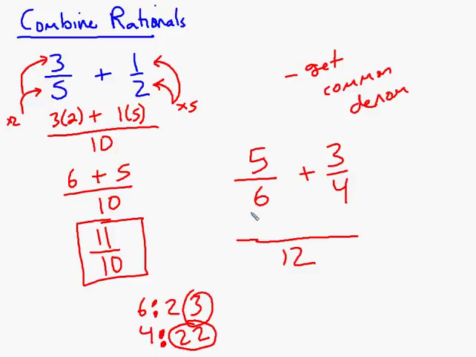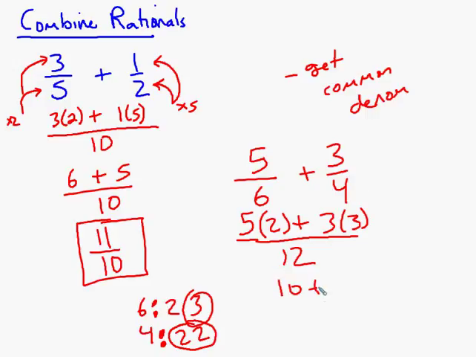What do I need to multiply my 5 by? How do I go from 6 to a 12 through multiplication? 2. So I need to multiply top and bottom of this fraction by 2 plus, what do I need to multiply this fraction by? 3, because I need to go from 4 to the 12 by multiplying by 3.